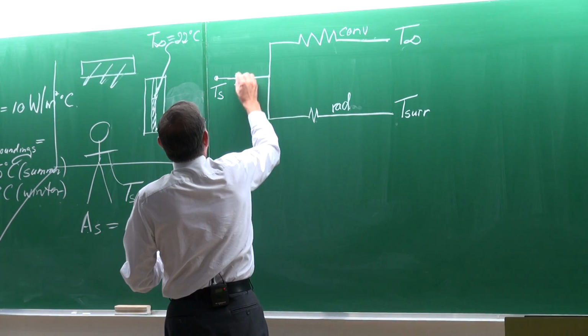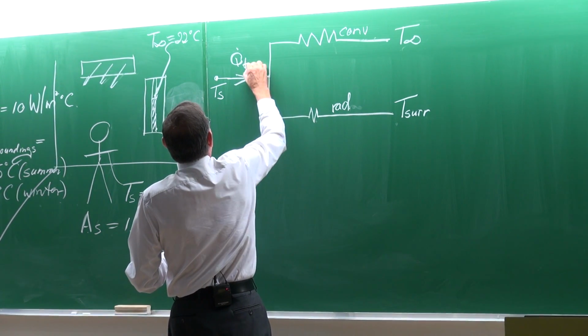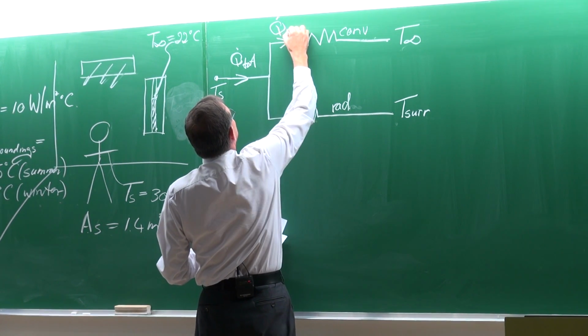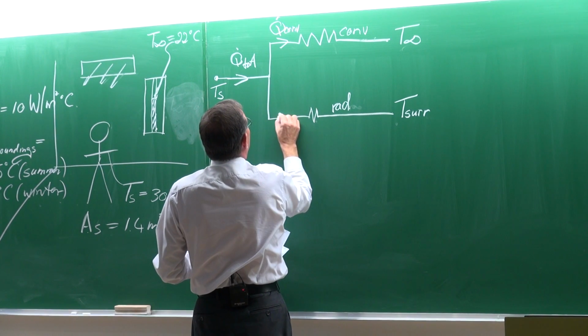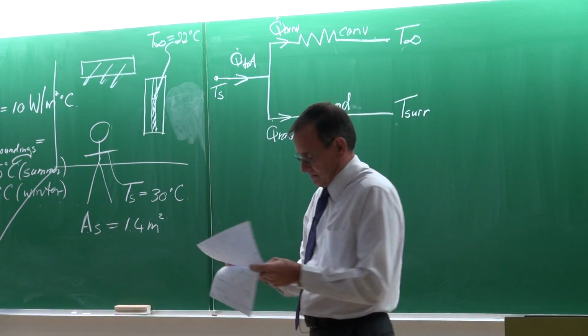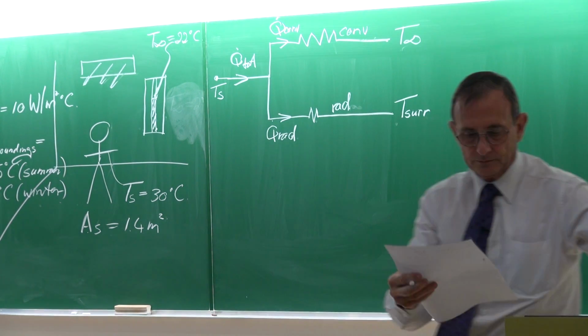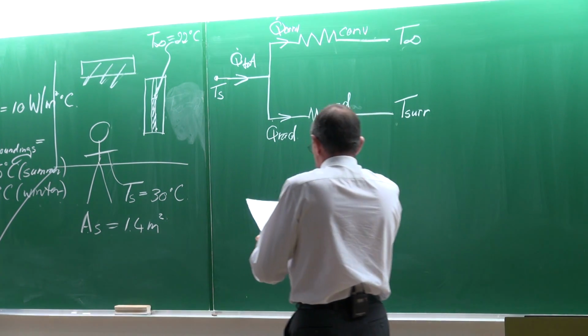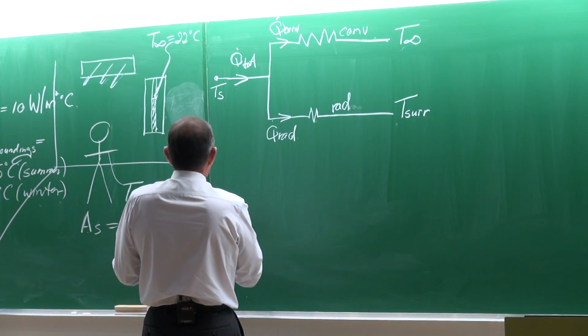This would now be the total heat transfer rate through there, and that would be the heat transfer rate of convection, and that would be the heat transfer rate of the radiation. So let's go and do the calculations and see what happens.